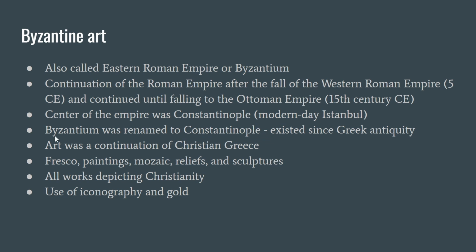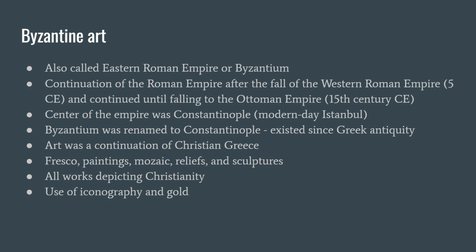This city existed since Greek antiquity, and the art was a continuation of Christian Greece. So a lot of the Byzantine art is actually of Christian Greek roots. Greece was very Orthodox Christian, and you're going to see a lot of that influence in Byzantine art.